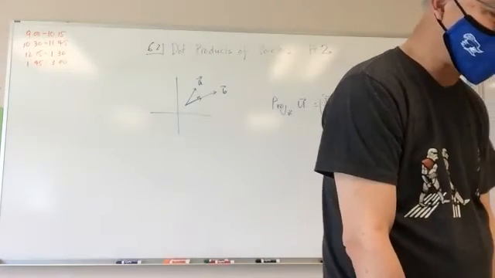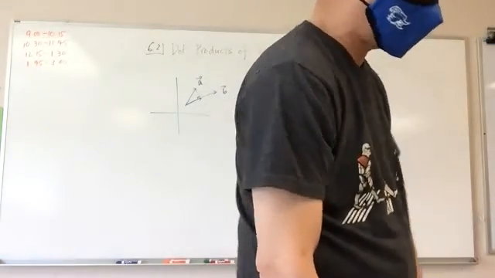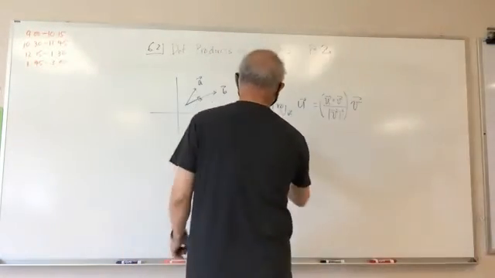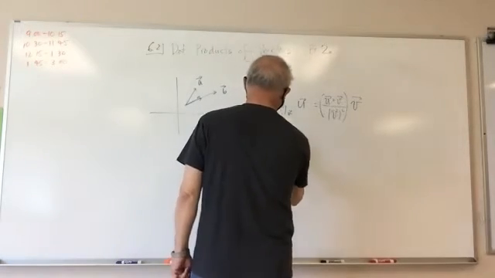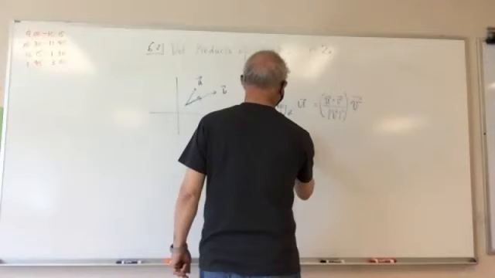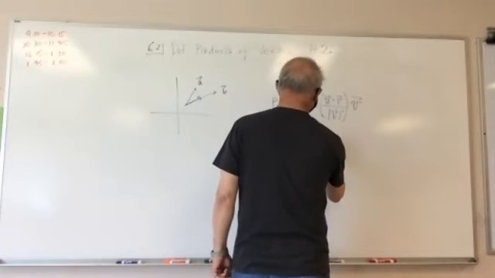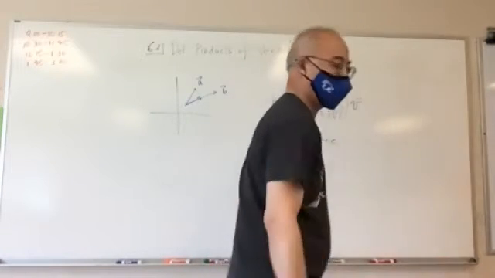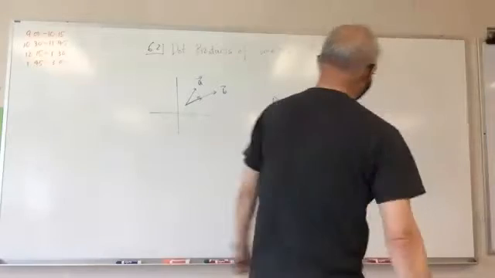Find the vector projection of U onto V. So U is equal to (6, 2), and the V vector is (5, -5).